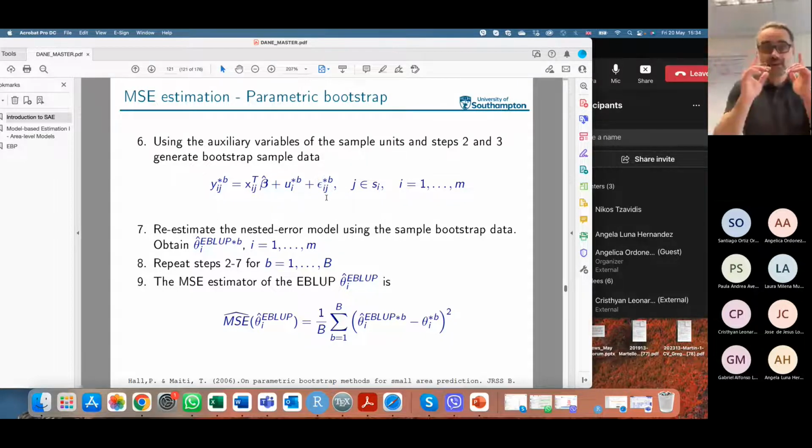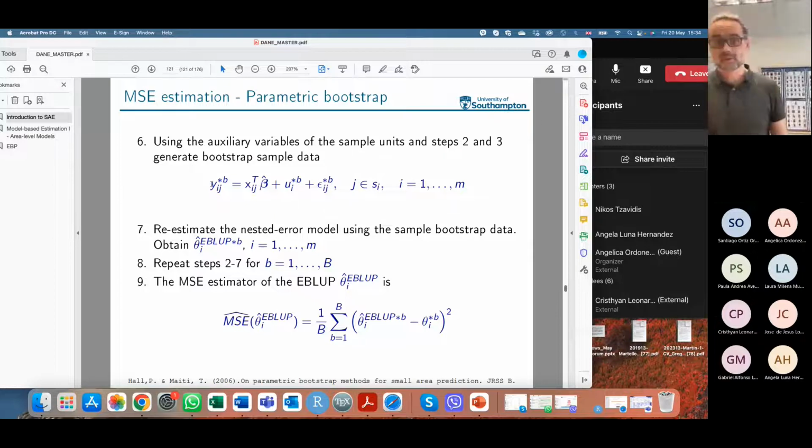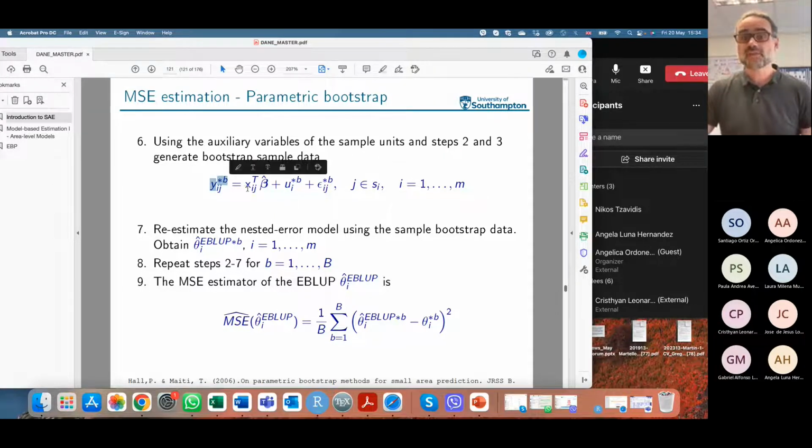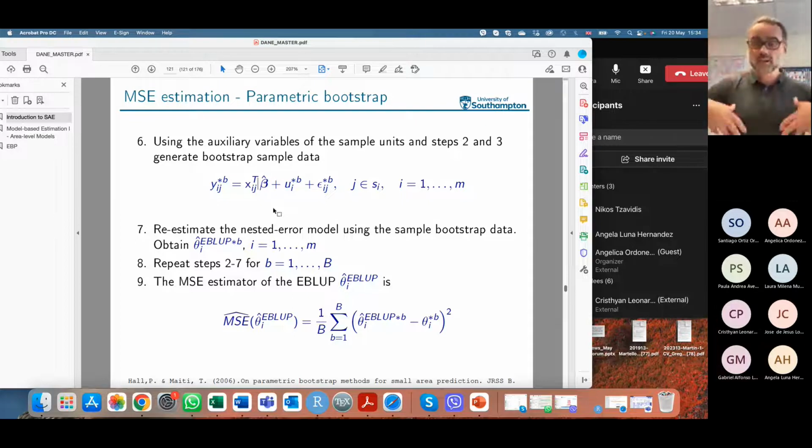And using these values now, using the new Ys and the original Xs, what do you do? You re-estimate the nested error model. So you re-estimate the nested error model, and with the newly estimated variance components and regression coefficients and so on, you get a new set of EBLUPs, which I denote by theta hat_i EBLUP.